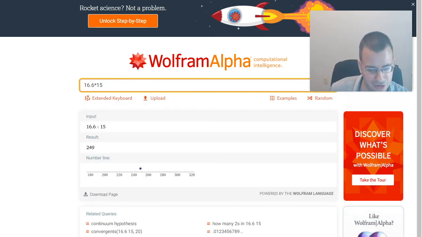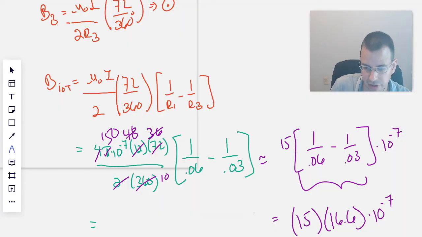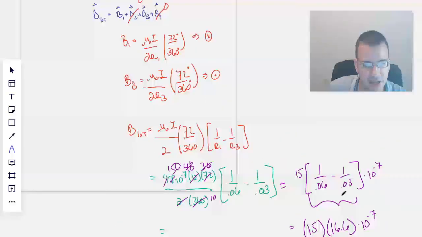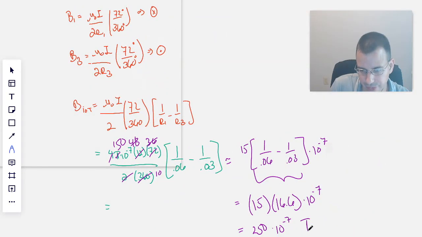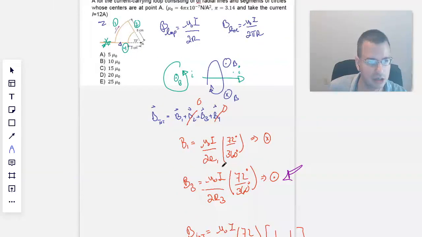So we have 250. So we have 250 times 10 to the negative 7th. This is going to be in Teslas. And it's negative, which really means it's going to be in the direction of B3. So I'm just going to say out of the board. Because the negative and positive, that just gives you direction.